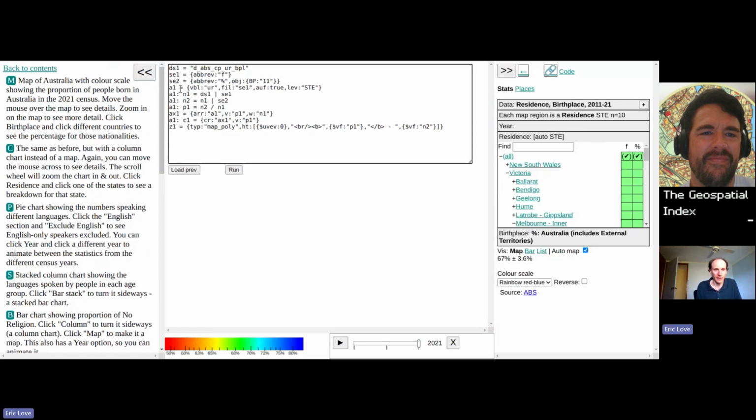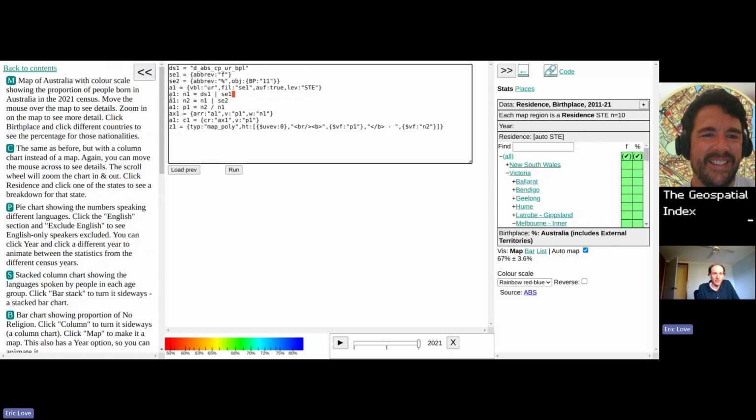Then this line specifies that we are going to look at all the places of residence, and that's going to be our array A1. And this AUF just says it's auto map, which means it will change level of detail depending on your zoom level, but it's currently at STE, state or territory level.